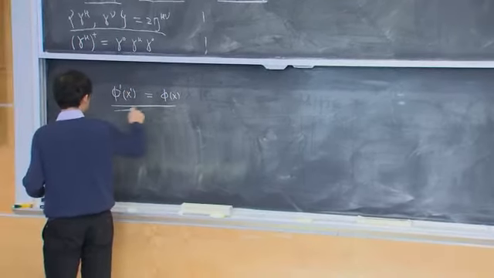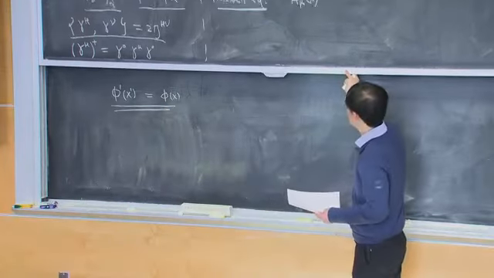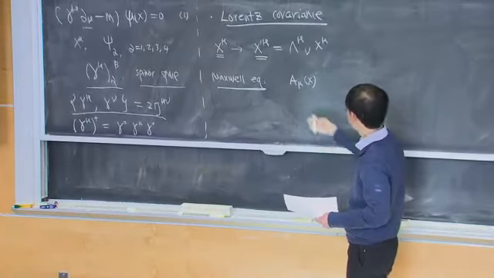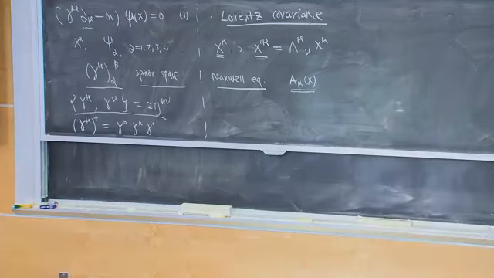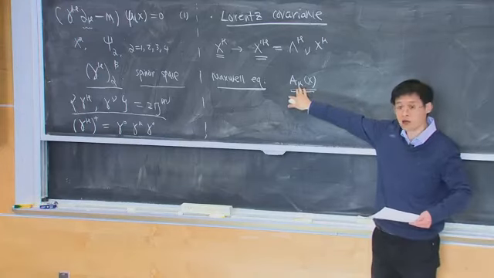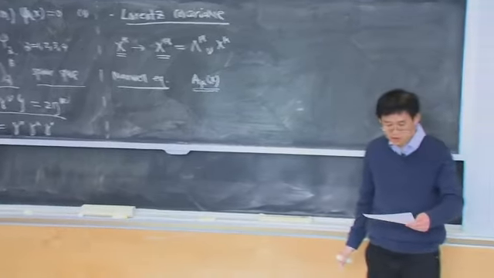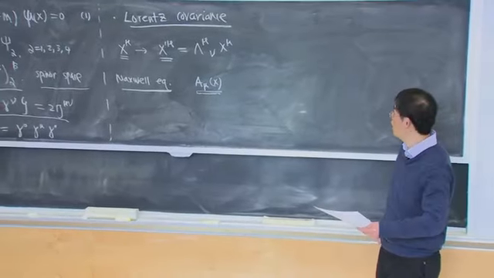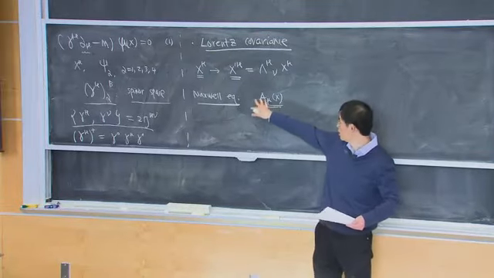This is the transformation for a scalar field. But for the Maxwell equation, we have to think about how A^μ transforms under a Lorentz transformation. A^μ is a four-vector in spacetime, so it should also transform as a vector.